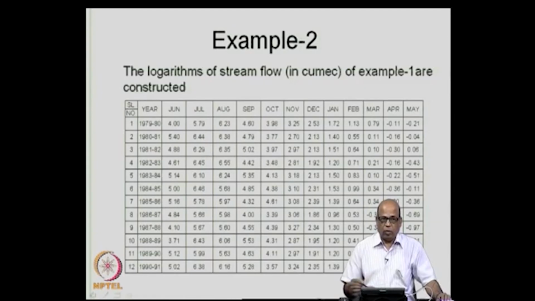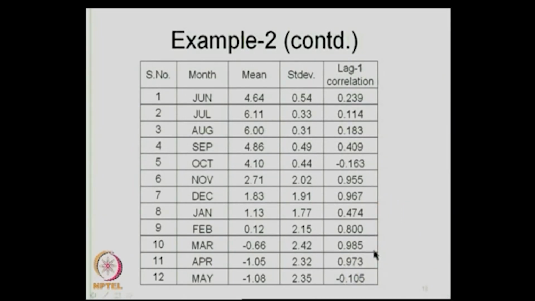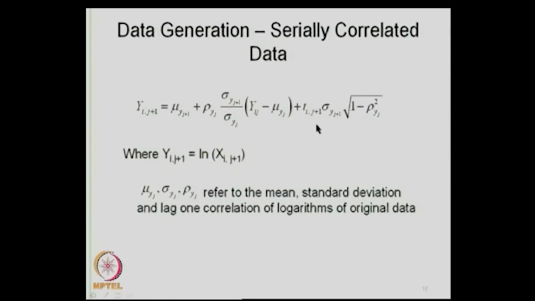And because you are talking about log transformation, if you have values less than 1, you may also get a negative value here, that is perfectly fine. So, we use the log transformed values and then we get the mean, standard deviation and lag 1 correlation associated with the log transformed values. We use these in the model that we just defined and generate values of y.